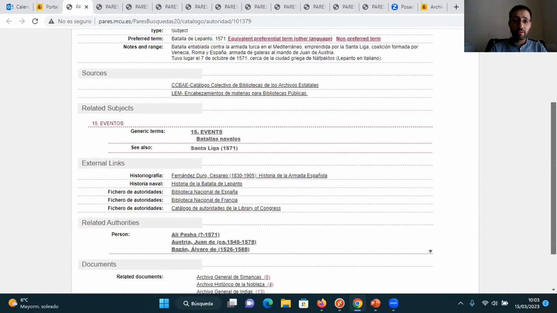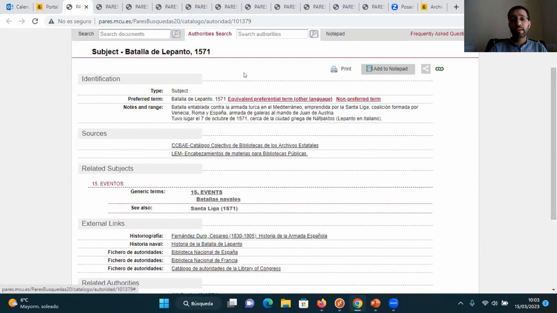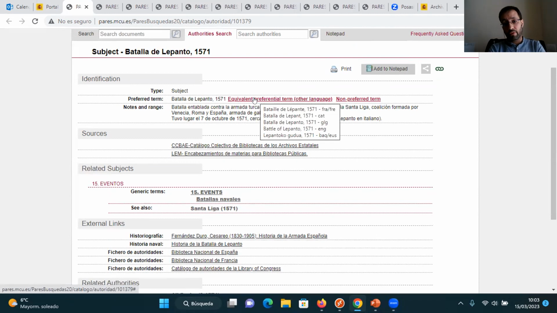The Battle of Lepanto, in Spanish Batalla de Lepanto, is our preferred term, but we try to translate this preferred term into other languages. For example, Battle of Lepanto in English, or Lepantoko guda in Basque language.